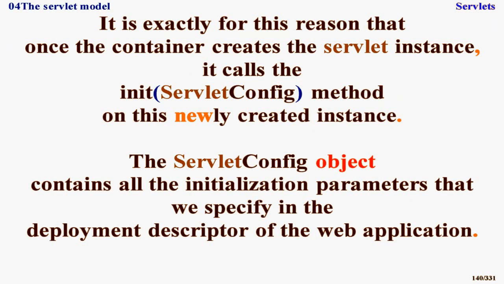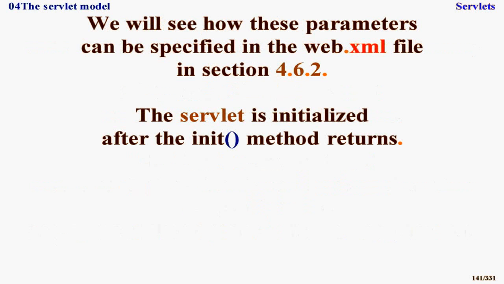The ServletConfig object contains all the initialization parameters that we specify in the deployment descriptor of the web application. We will see how these parameters can be specified in the web.xml file in section 4.6. The servlet is initialized after the init method returns.